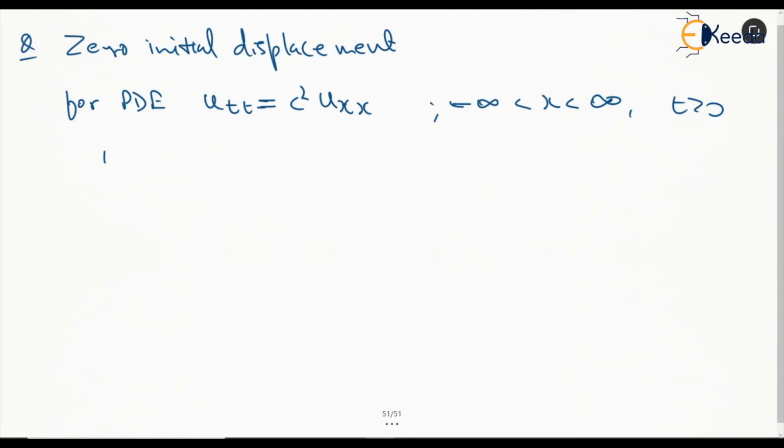The initial condition is given as u(x,0) equal to 0 and u_t(x,0) equal to, let's say, sin x.